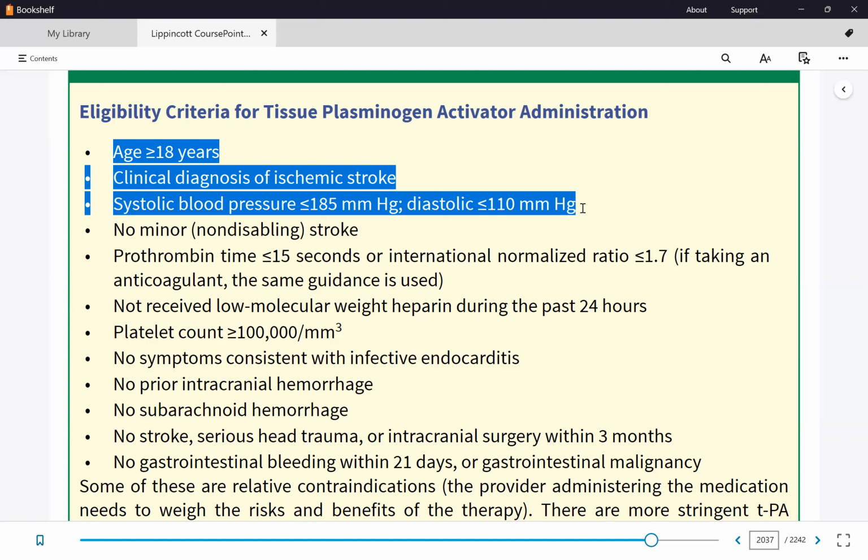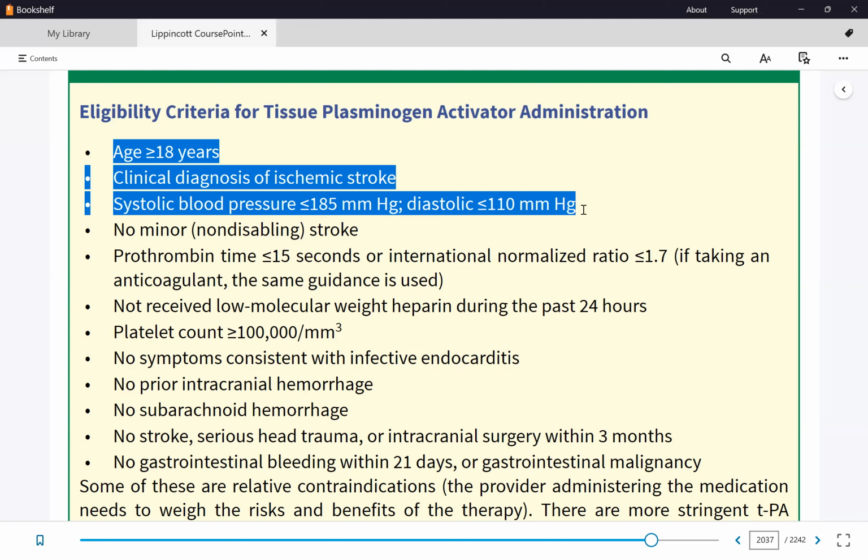So what can we do if the blood pressure is above 185/110? Blood pressure. Very good. That's all we do. I'll explain later when we get to head injury why the blood pressure rises after a stroke, because it's not discussed here.